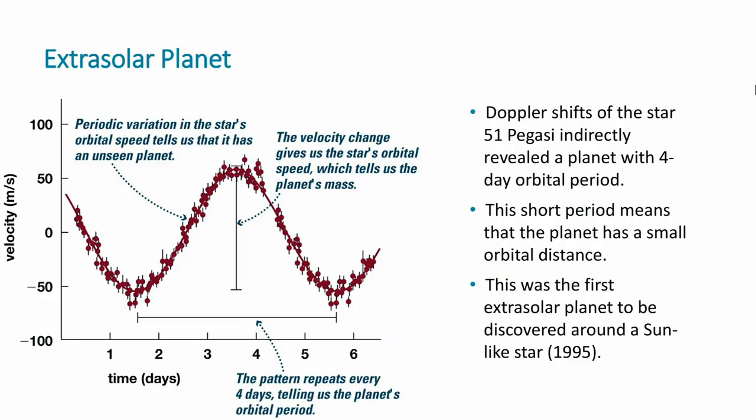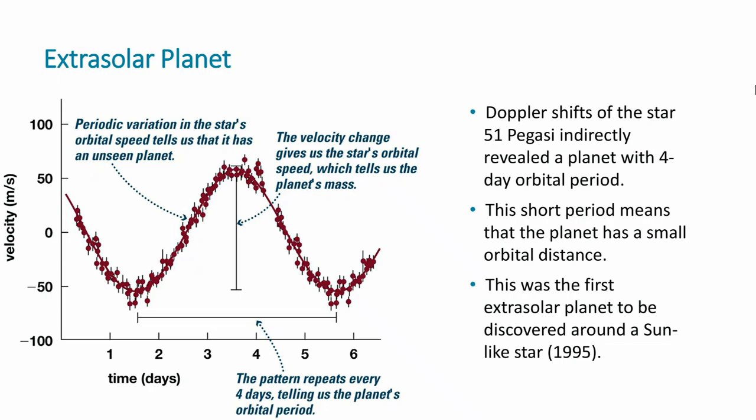And this looks like a sinusoid or a cosine graph, and we can use the time from the peak to peak or the trough to trough to calculate the period of this star's orbit.